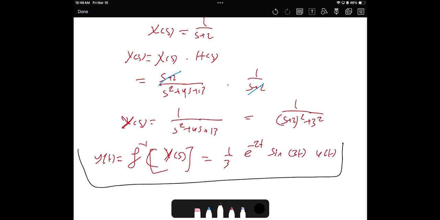And that's it. Because in order to make it in this format, we put times 3 here and 1 over 3. That's how the 1 over 3 comes from.